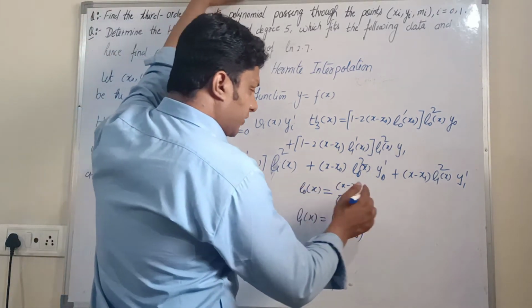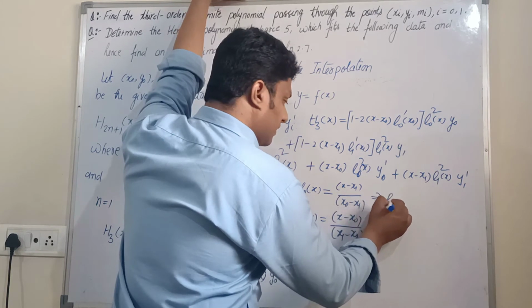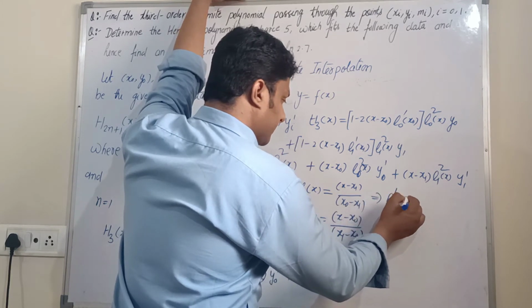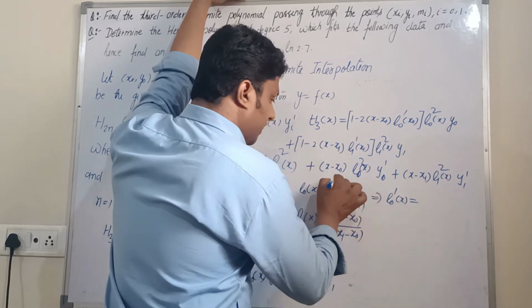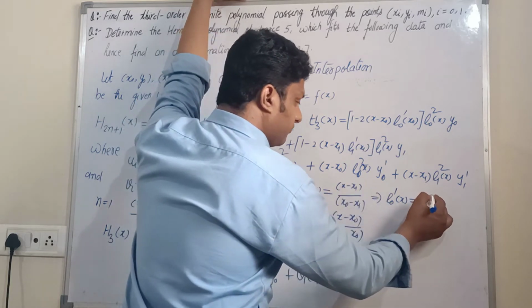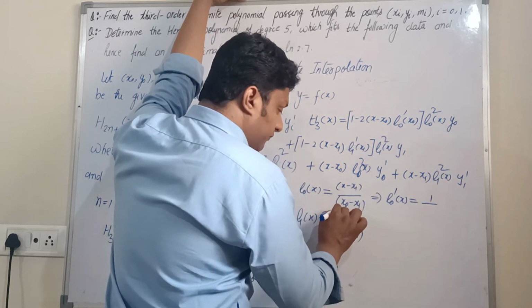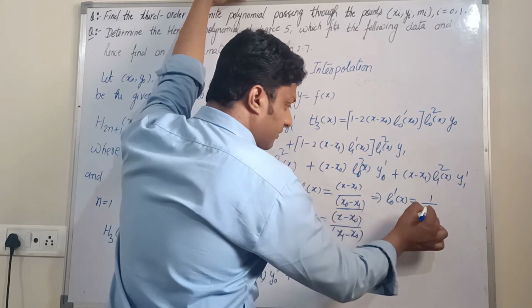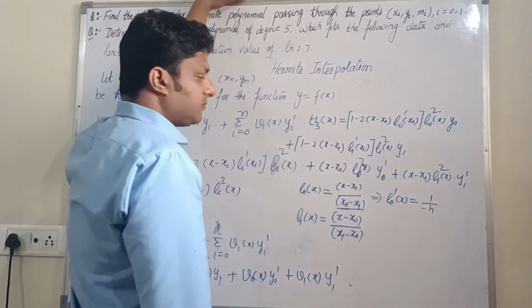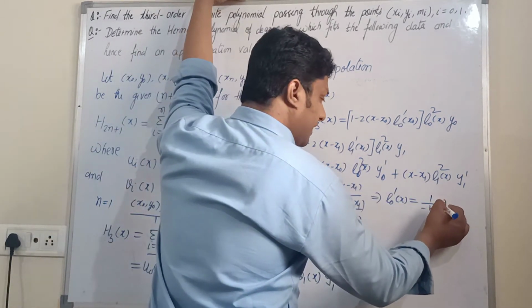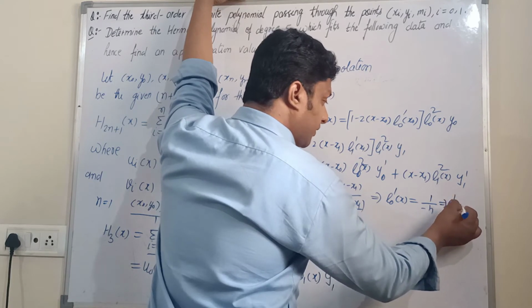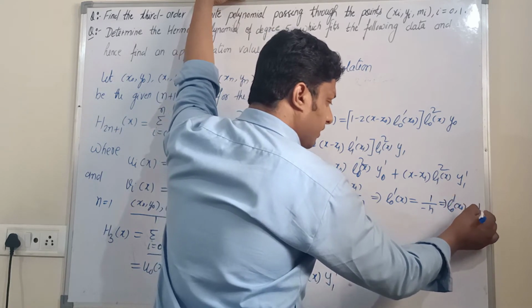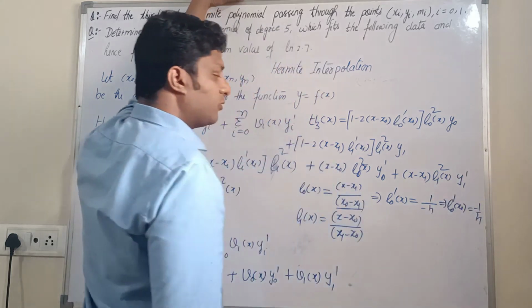So what about the first derivative? For l0'(x), the derivative of x minus x1 will be 1, and the difference x0 minus x1 will be minus h. So l0'(x) at the point x0 will be the same, minus 1 by h, because there is no value of x, so it will be unchanged.